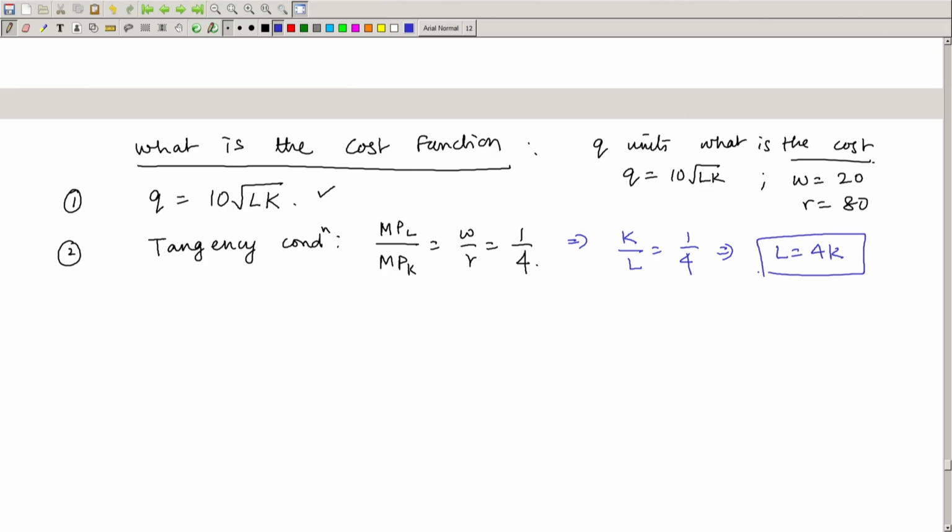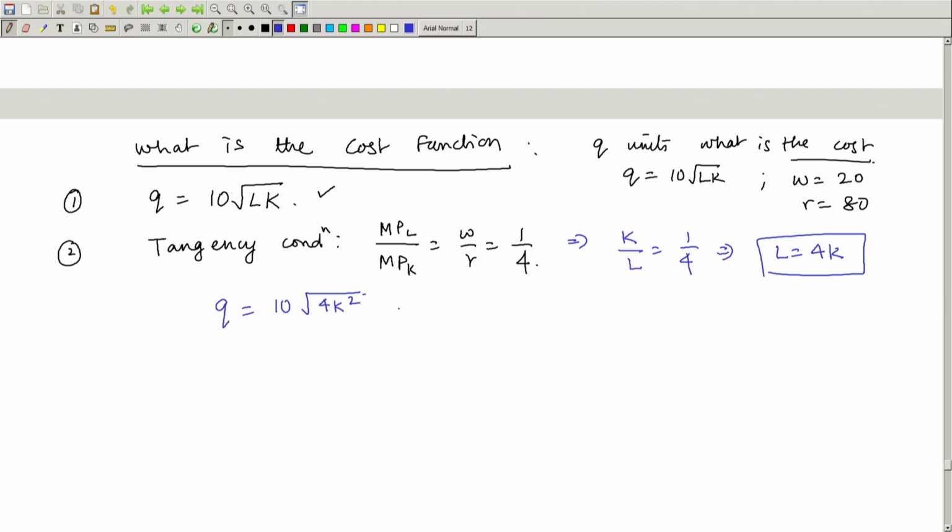The only difference is that previously, instead of Q, we had 140 units because I wanted to produce 140 units. Now if I write it in a general form, Q equals 10 times square root of LK. Instead of L I will substitute 4K.